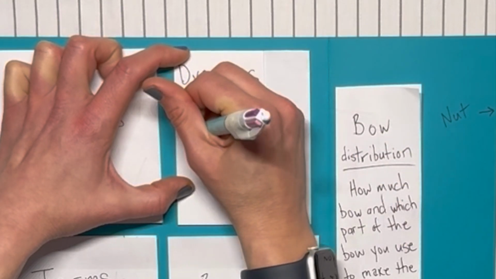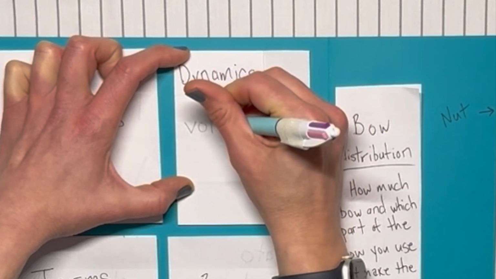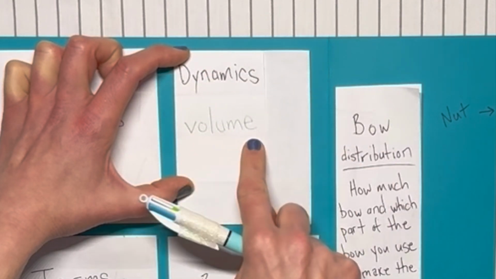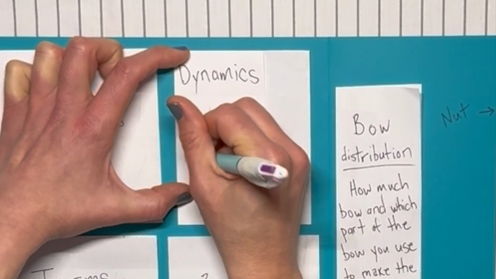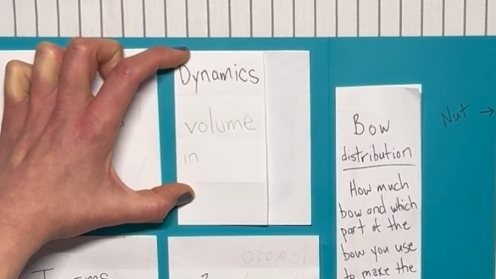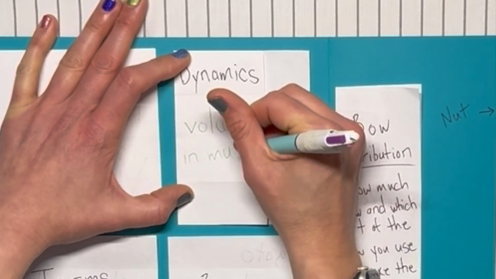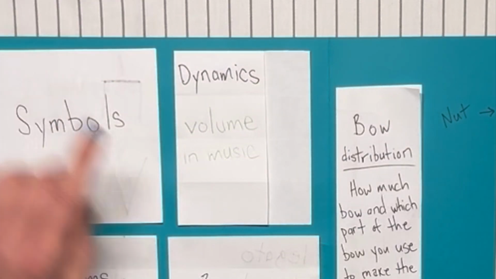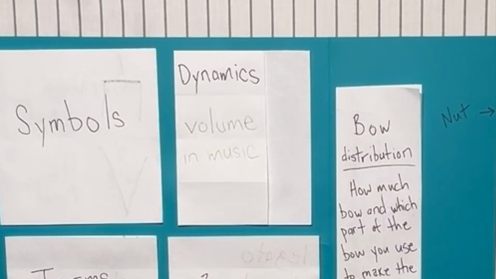Volume is spelled V-O-L-U-M-E, volume. That's how loud or how soft. In, I-N, music, M-U-S-I-C. All right, so dynamics are volume in music.